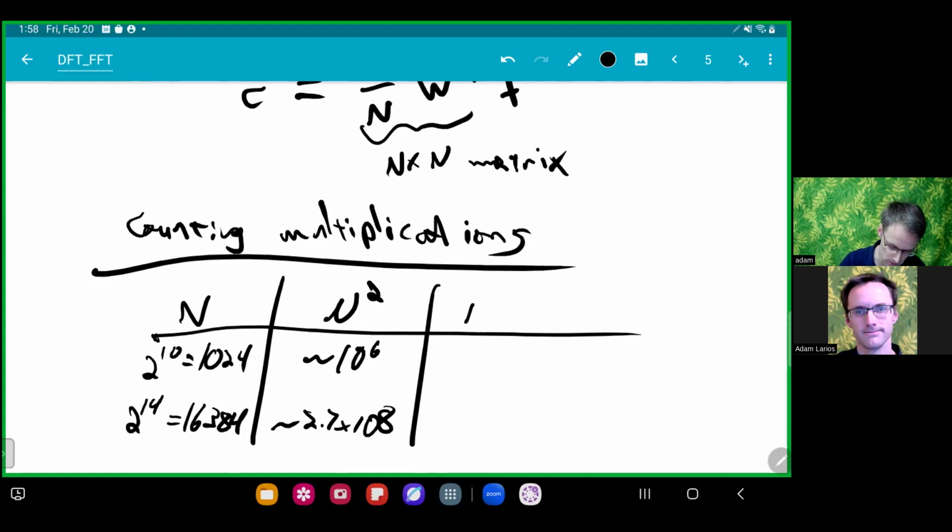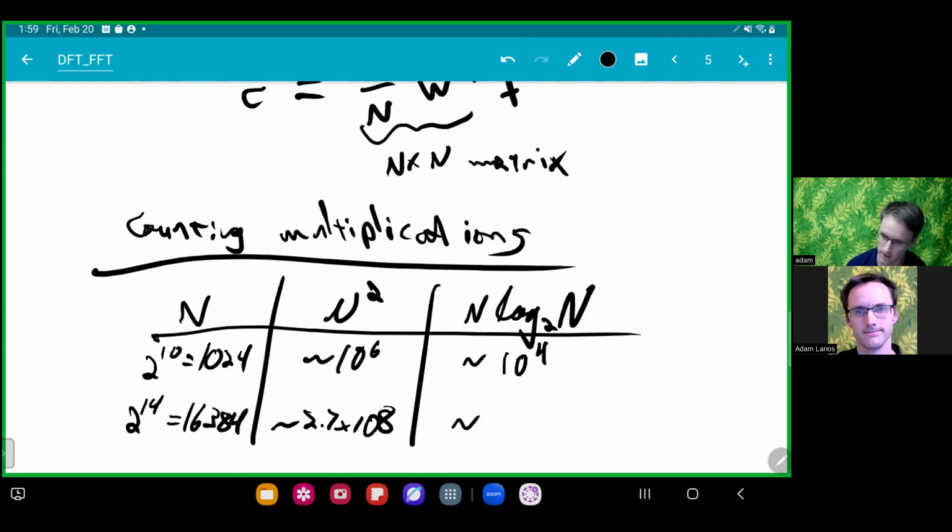However, there's another algorithm, the FFT, which takes about n log base 2 of n multiplications. Plugging this in, log base 2 of 2 to the 10 is 10, times n, which is already 2 to the 10, so that's about 1024. So that's 10 cubed times 10, about 10 to the 4th operations.